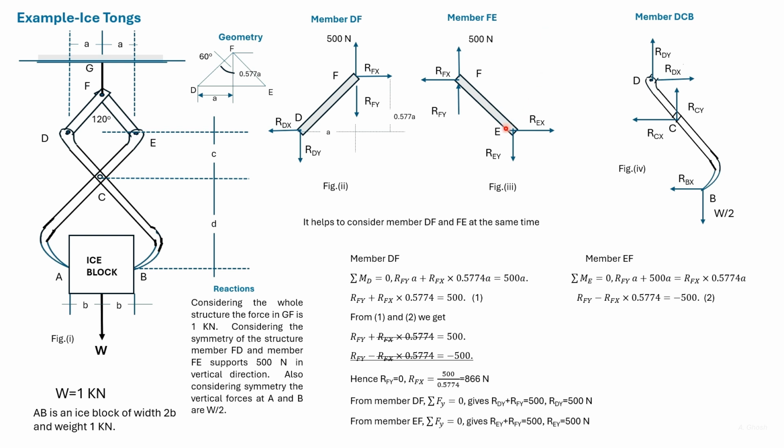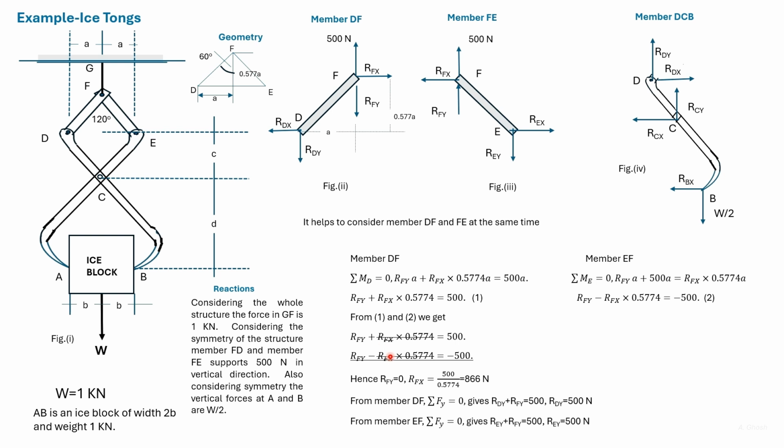Now consider the joint E. Then RFY into A plus 500 into A will be equal to RFX into 0.577A, from which we get this equation.